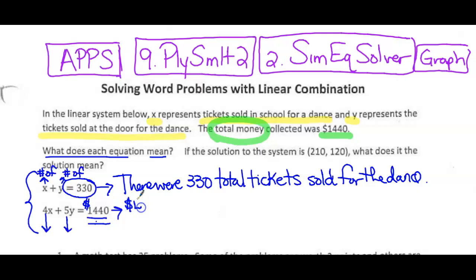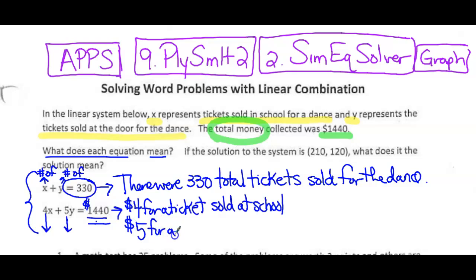It's $4 for a ticket sold at school. And the 5 represents $5 for a ticket sold at the door.